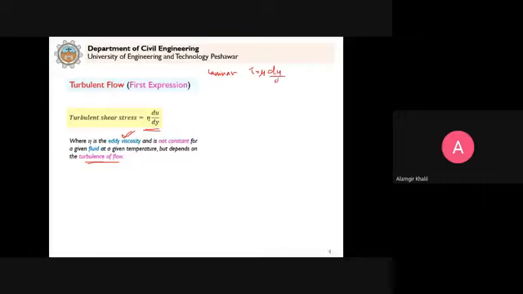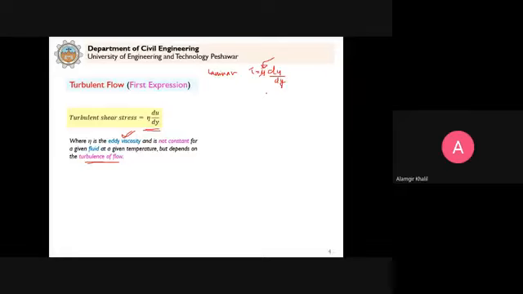This is in case of laminar flow. In this case you already see that this mu is a fluid property, and this is constant for a fluid flow for a given temperature, and we can read this value from the tables available in books for different temperatures.